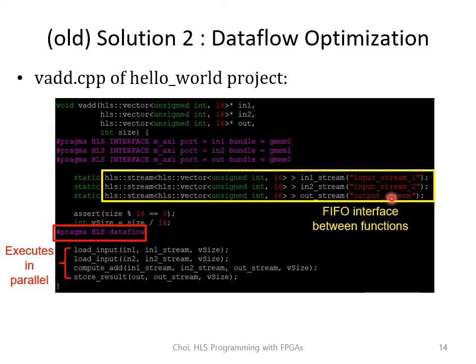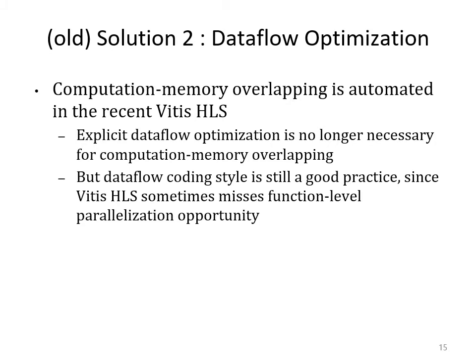So now you know why the Hello World project is coded in this a little bit complicated way. The purpose is to enable dataflow optimization and achieve computation memory overlapping. But there is a reason why I kept putting old solution in the title.